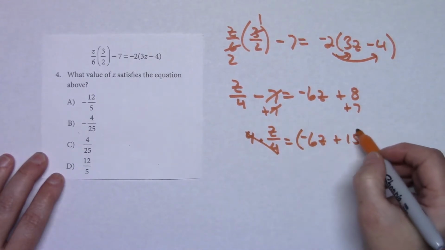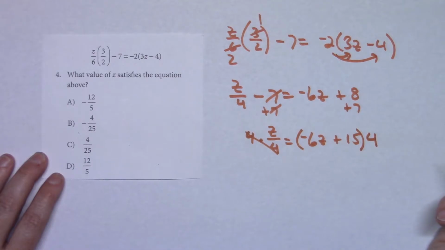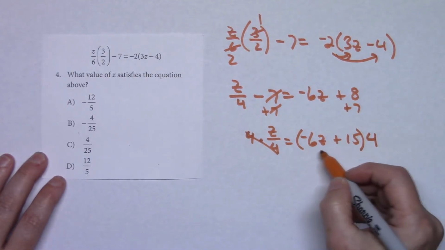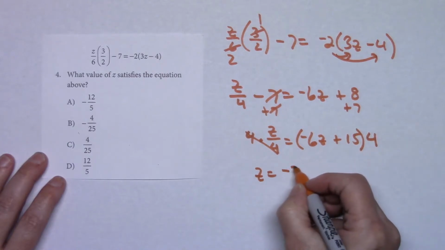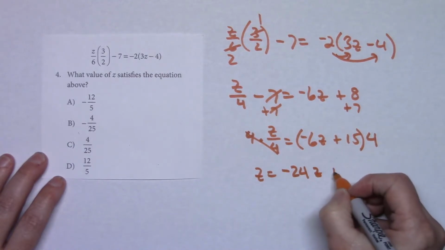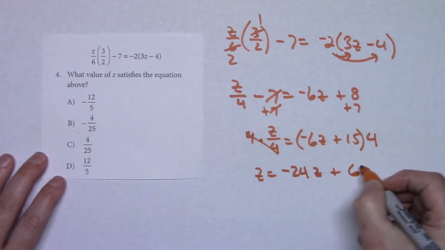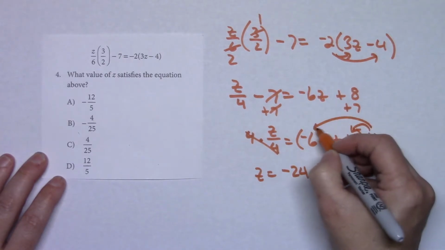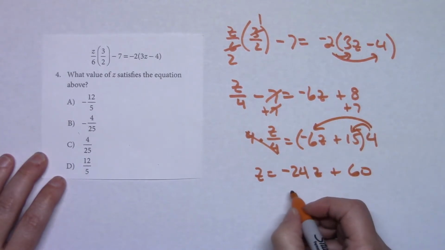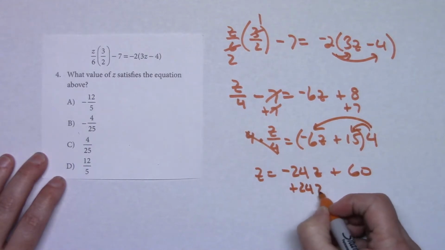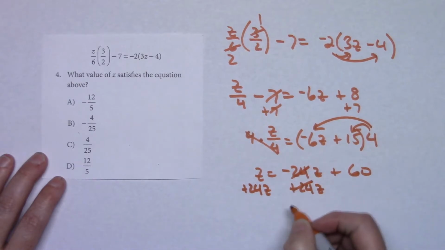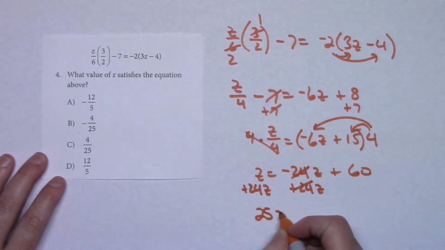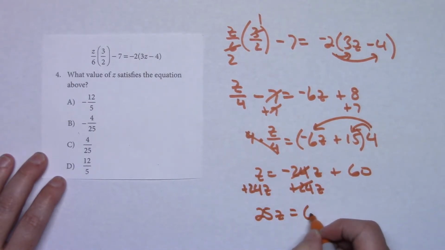Now on this side, since it's a binomial, I have got to multiply by 4, which means I'll have to distribute that. So I'm going to have Z equals negative 24Z plus 60 on distributing the 4 right there. Now I can add 24Z to both sides of the equation. Cross out there, that's going to give me 25Z equals 60.